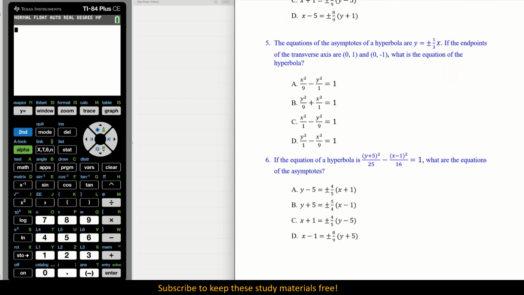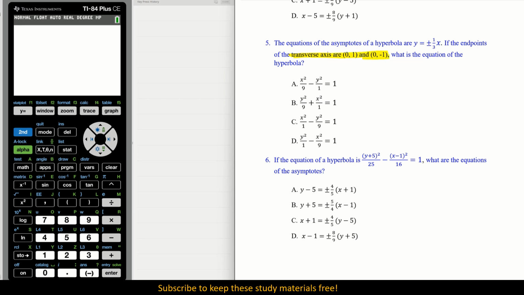The asymptotes of a hyperbola are y equals plus or minus 1/3 x. If the endpoints of the transverse axis are (0, 1) and (0, -1), what is the equation of the hyperbola? Okay, they gave us several great hints here. The first big one is this is our major axis.